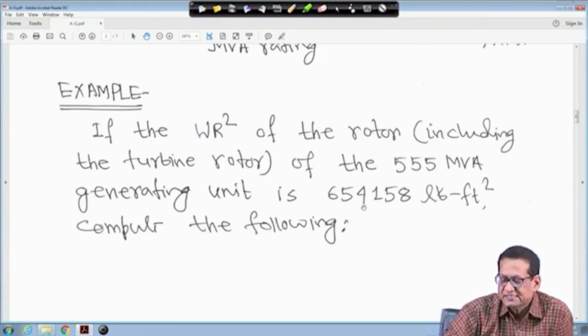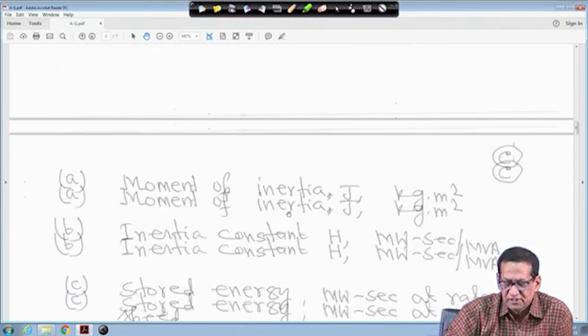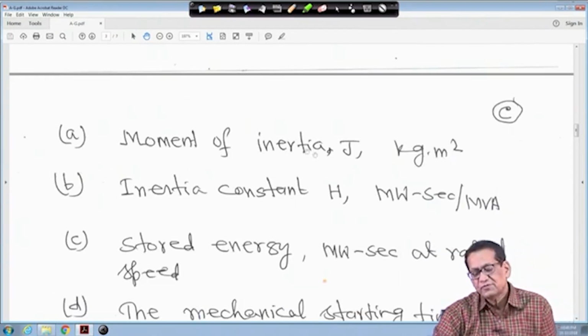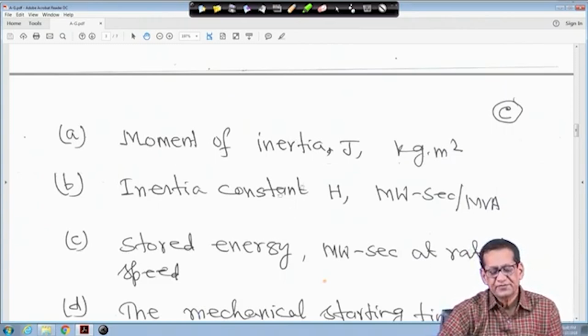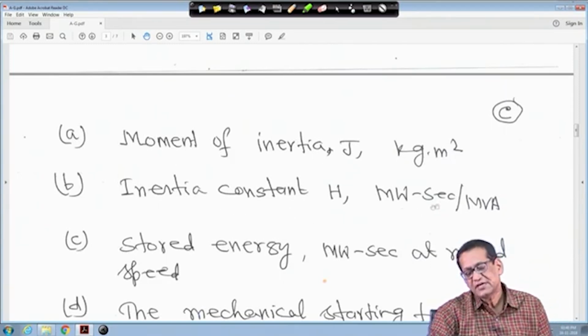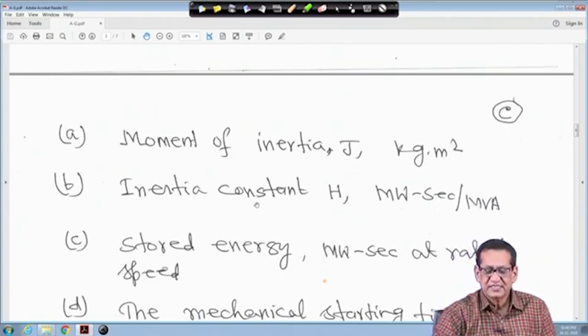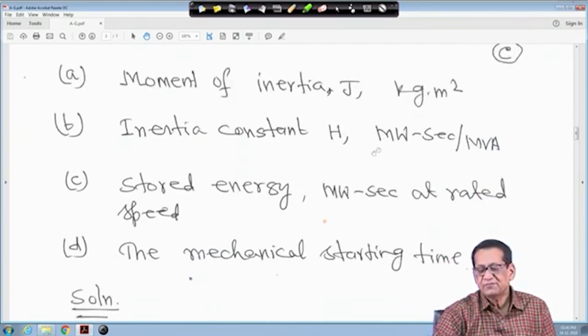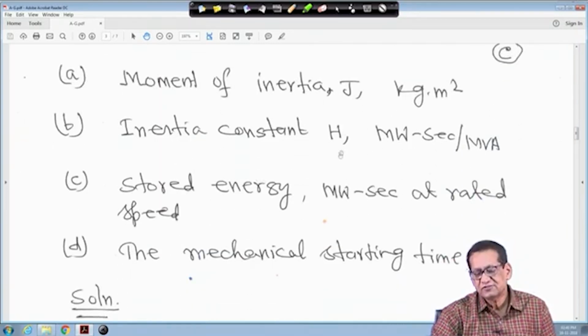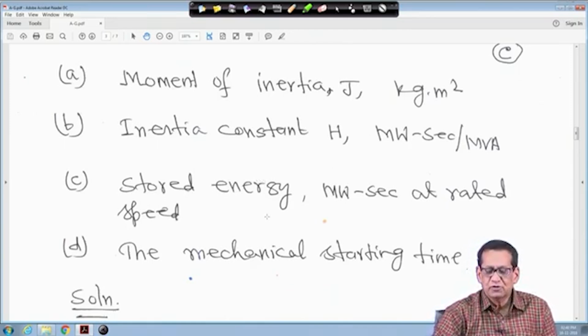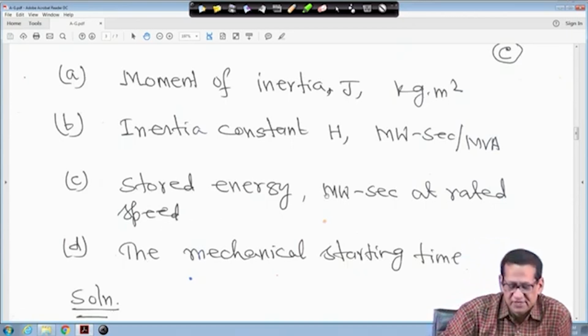You have to calculate the moment of inertia J in kg meter square, the inertia constant H in megawatt second upon MVA, that is basically second, because megawatt upon MVA is dimensionless. So, H unit is second. Then the stored energy, that is megawatt second at rated speed, and lastly the mechanical starting time.